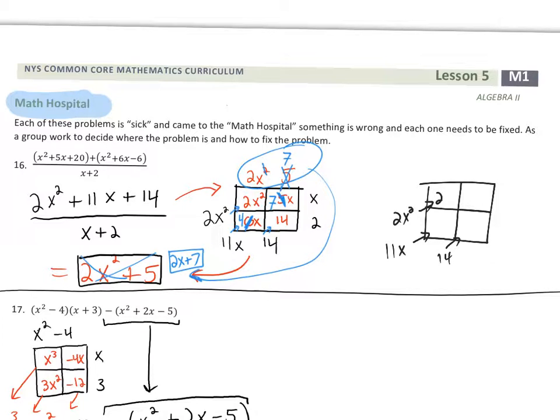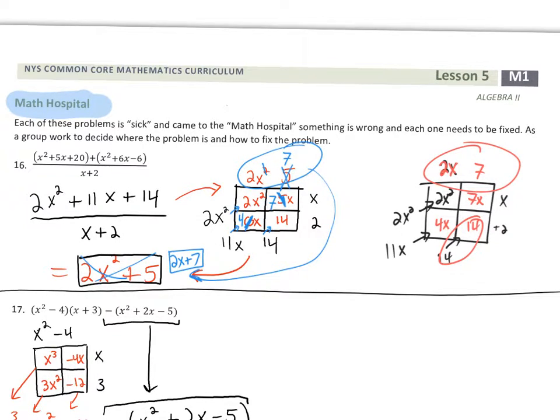I would start with 2x squared. Oh, I know that. We're dividing by x plus 2. So that's got to be 2x up there. And I think that I should do it in a different color. 2x up there. Pull down, it's 4x. 4x plus something is 11. That's 7x. That means that this up here has to be 7x, and this has got to be 14. There's my check. My answer is right there.